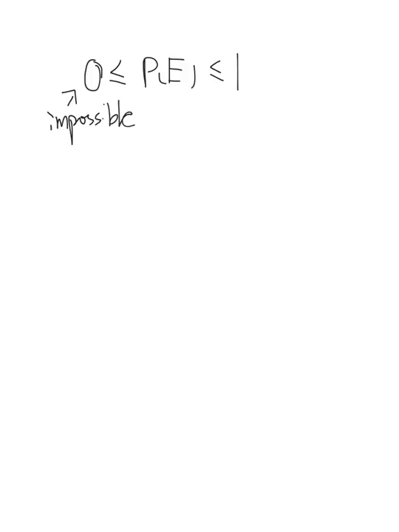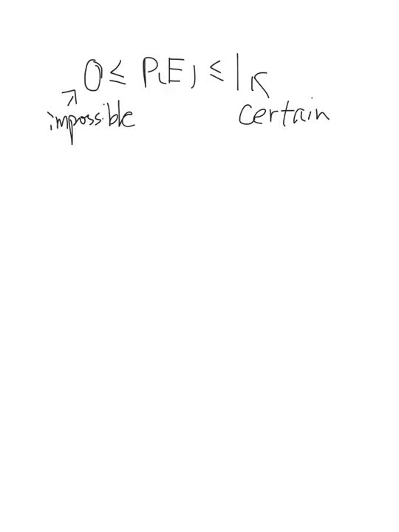Now, apart from that, I think you should already have learned that the values of probability are between 0 and 1 inclusive. 0 means that the event is impossible to occur, while a probability equal to 1 means that the event is certain to happen.